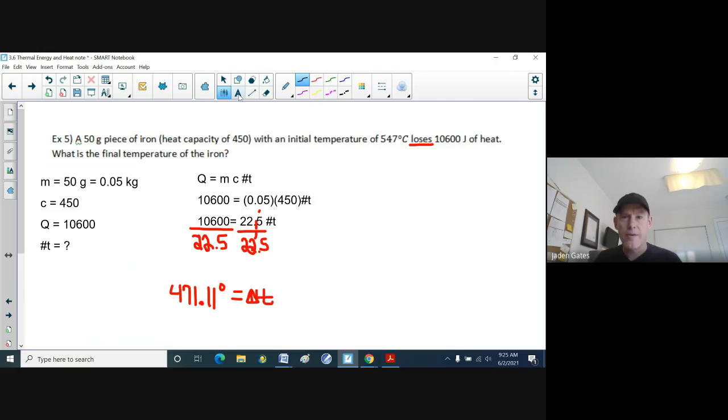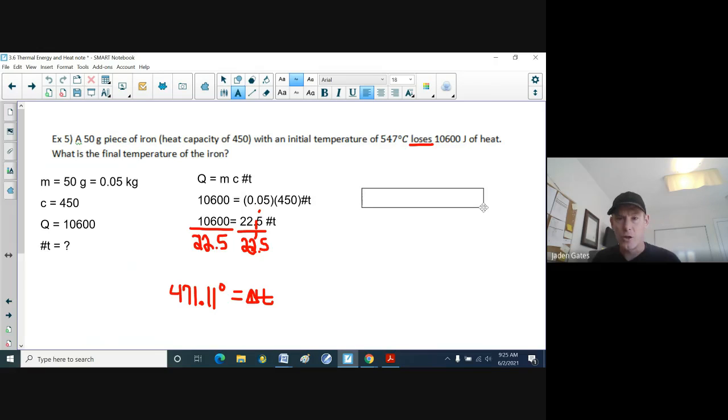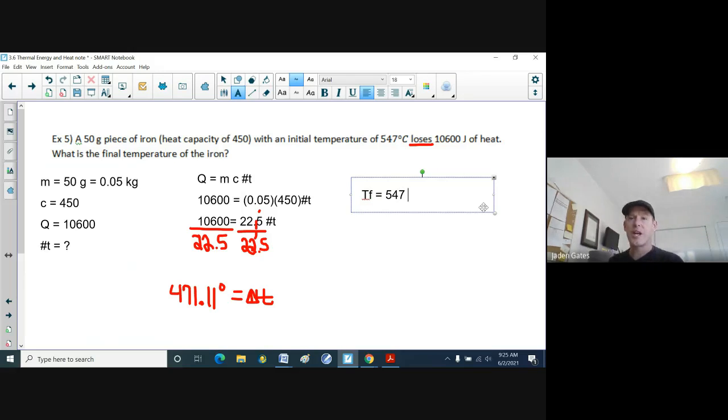So if I want to find my final temperature, TF, we started off with 547 degrees, but now we know it's going to change by 471.11, and in this case, it is losing it. So I'm going to subtract.